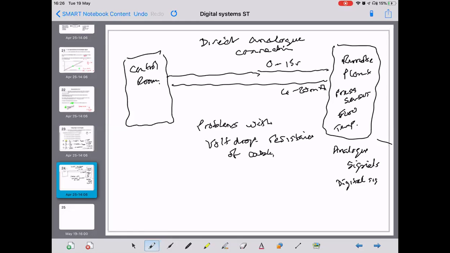You've also got a major issue with interference from other signals.